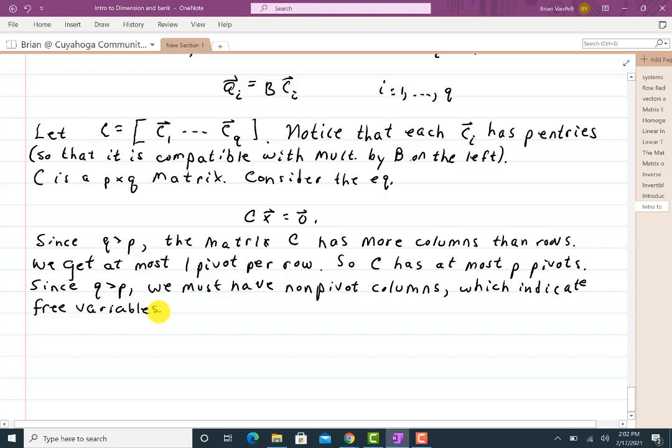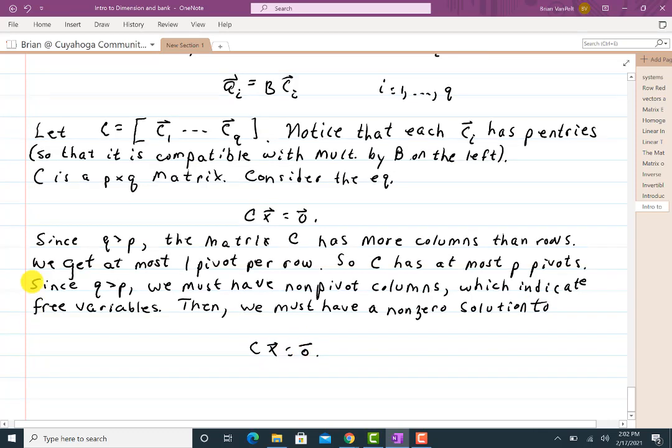If that's the truth, then we must have a non-zero solution to Cx equals 0.